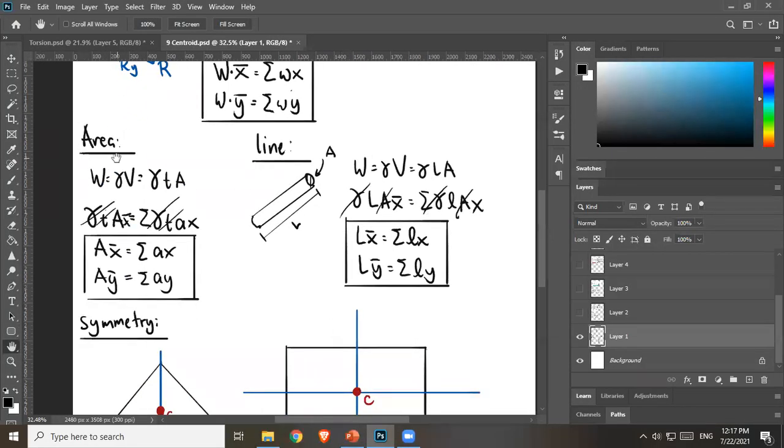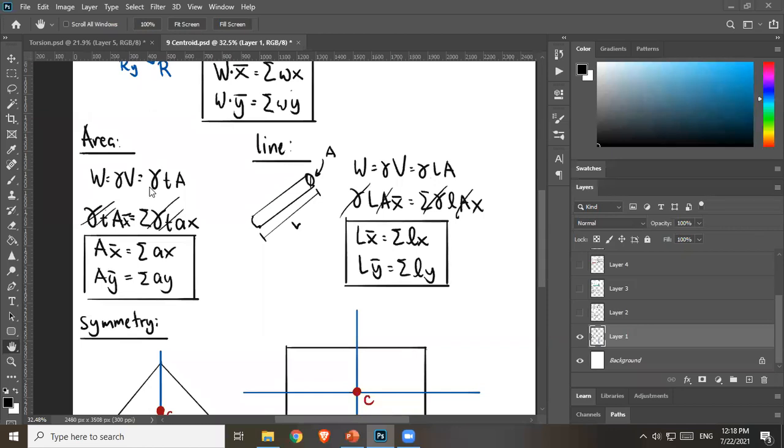So area, recall, equation for weight is unit weight times volume. If you remember from your physics class, okay? Unit weight times volume.